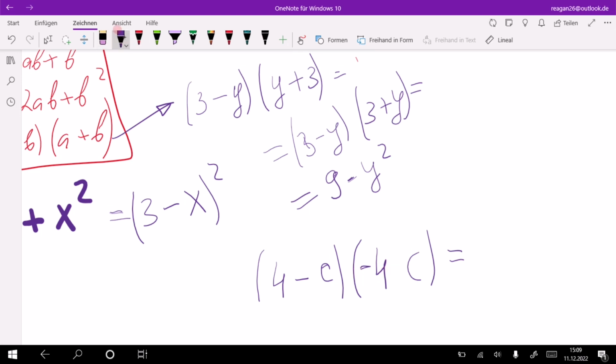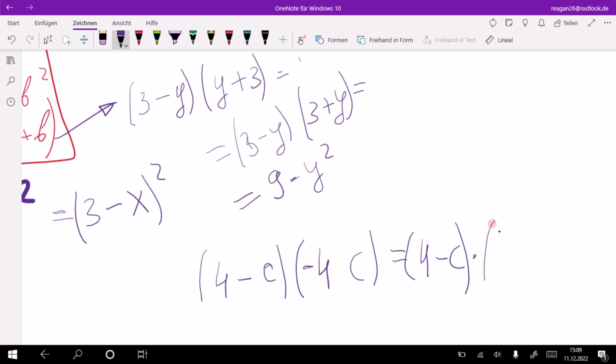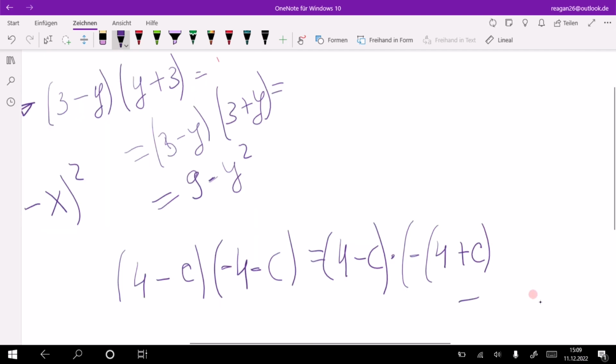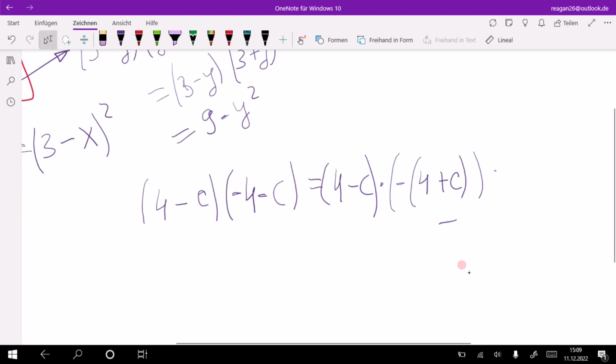And we'll get 4 minus c times minus 4 plus c. And the minus can be at the beginning.